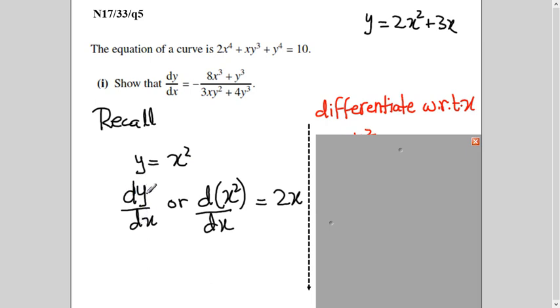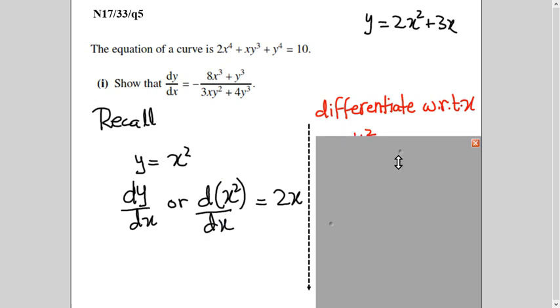Sometimes it is written like this, and sometimes like this. Since y equals x squared, you can write x squared differentiated by dx, and it becomes 2x. So basically you are differentiating x squared with respect to x, okay?